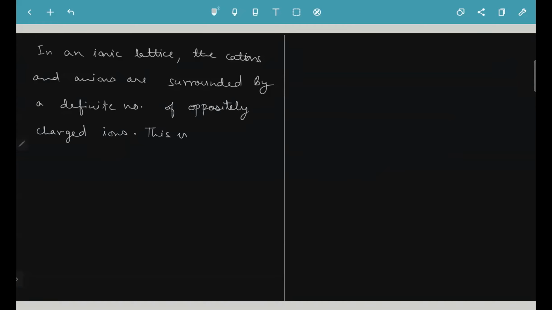This is often known as the coordination number, abbreviated as CN.